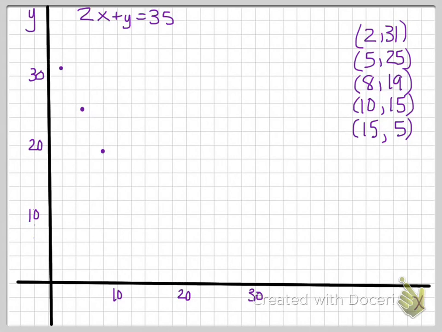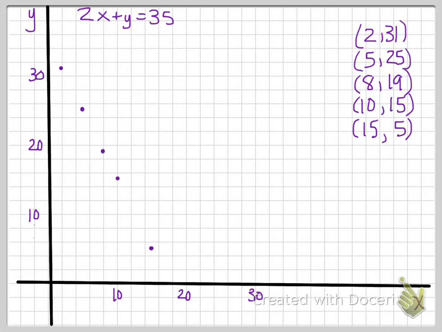And then 10 and 15. And 12 and 11, okay. And then 15 and 5. So 15 and 5 is about right there.